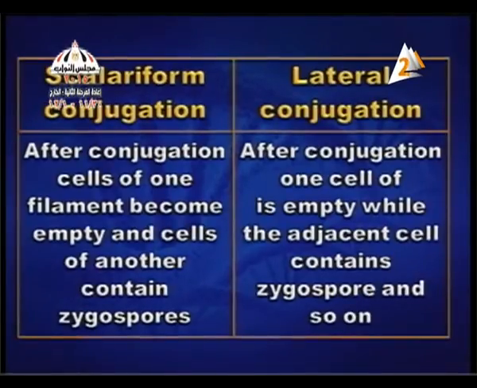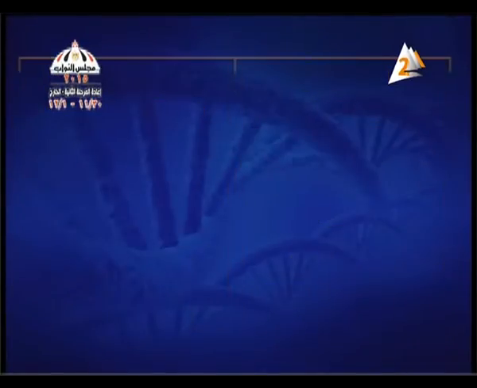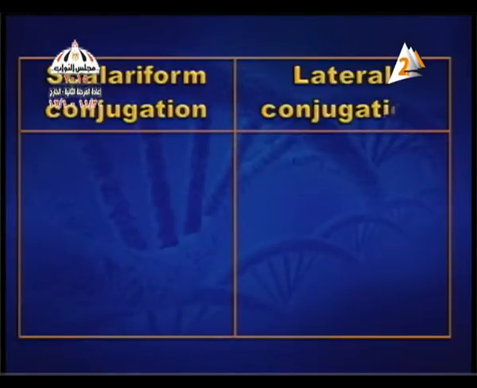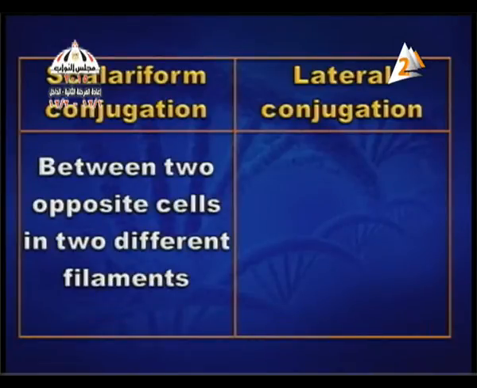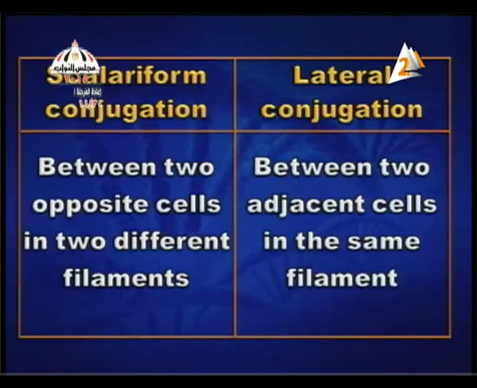I am going to say this comparison again between scalariform conjugation and lateral conjugation. Scalariform conjugation is between two opposite cells in two different filaments, while the lateral one is between two adjacent cells in the same filament.